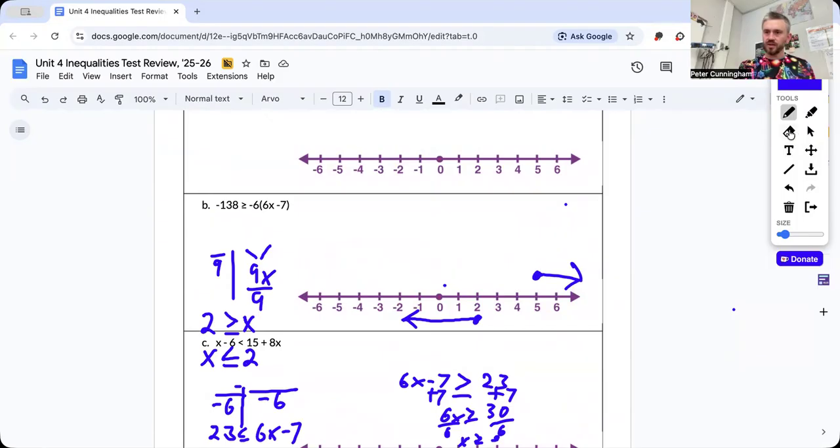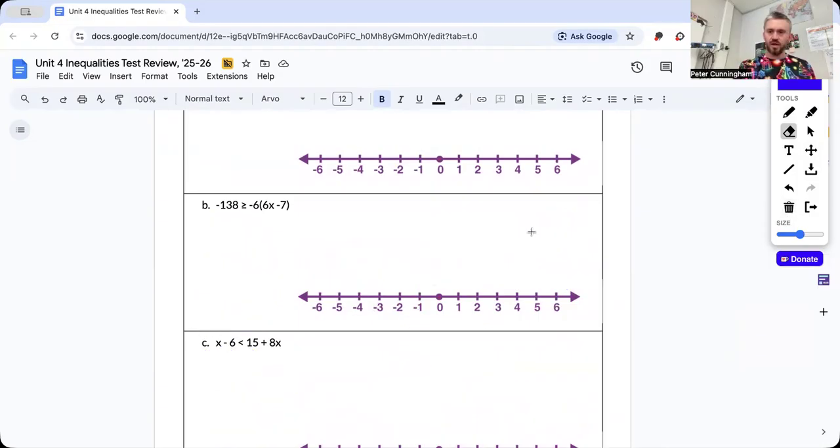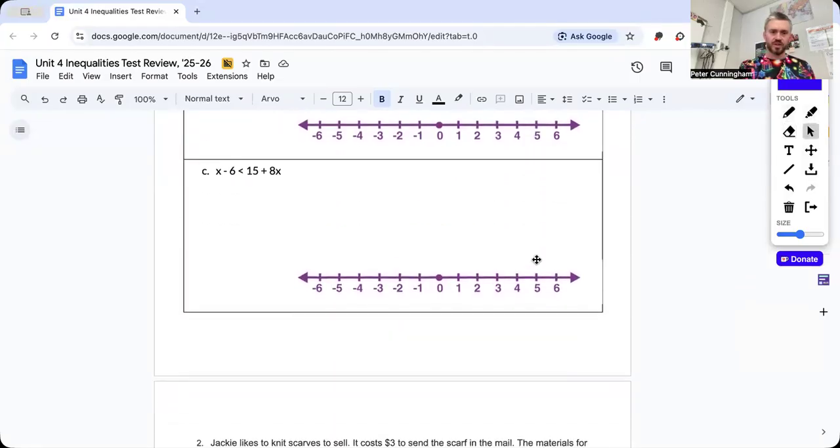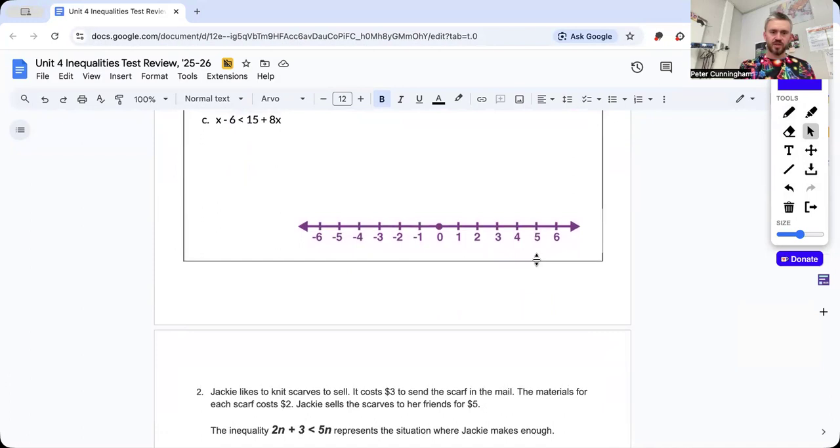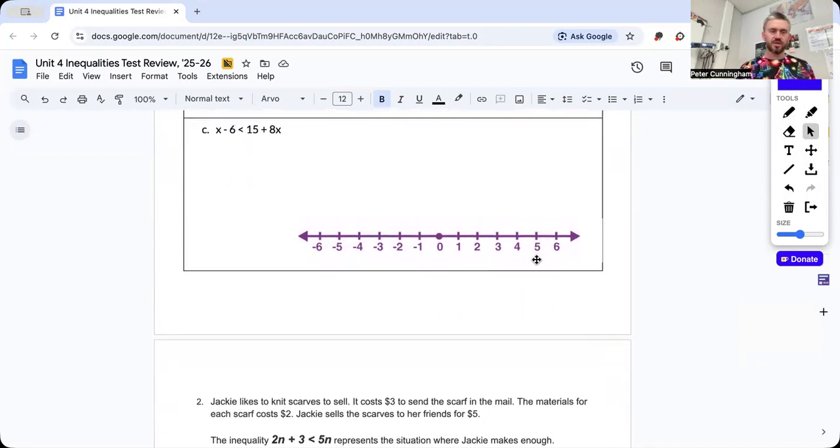All right, let's clear all this. Can I erase the whole thing? Ooh, if I delete, there we go. As I get this technology down, it'll go a little smoother, but let's get to the top of the page so I can at least get as much as possible in there.